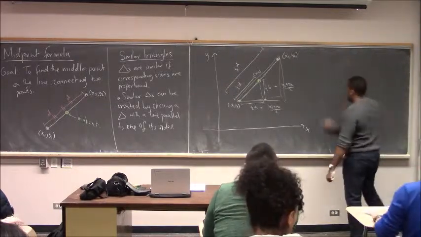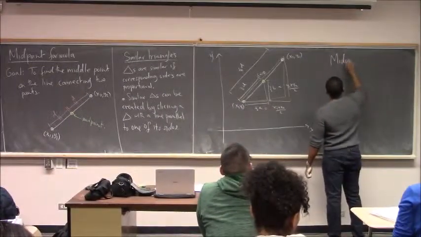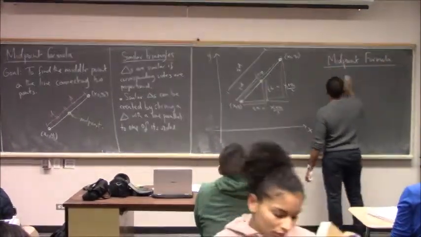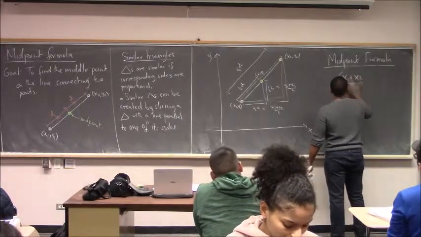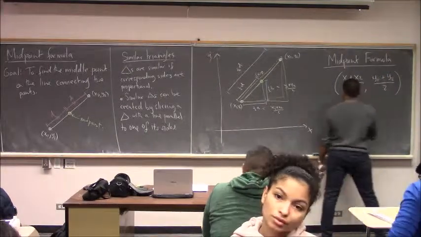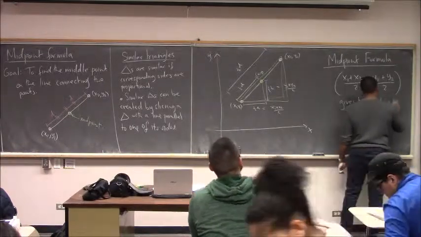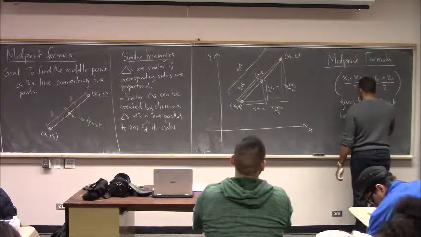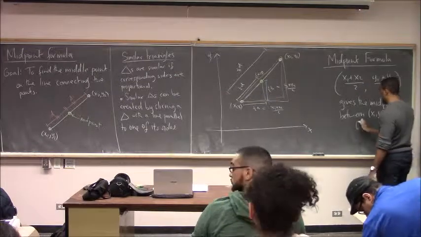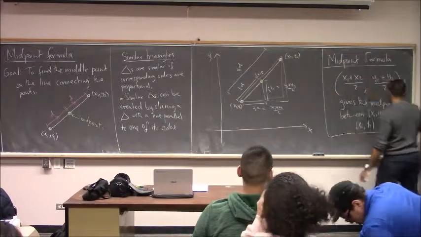So ultimately we get that the midpoint must have x coordinate this and y coordinate this. You don't need to know where it comes from, but you do need to know that.